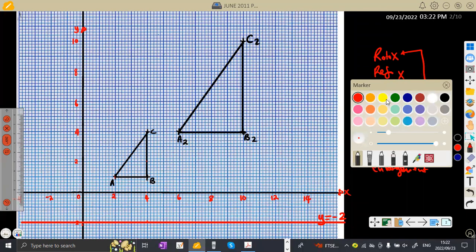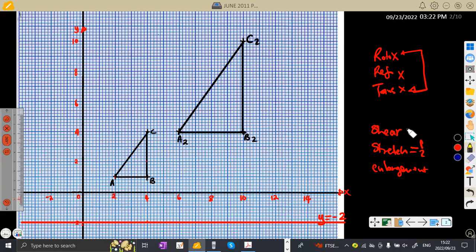And I told you that whenever shear is not there, one-way stretch is not there. So one-way stretch and shear are totally out. We are now left with 2-way stretch and enlargement. These are the 2 answers that you are going to expect.